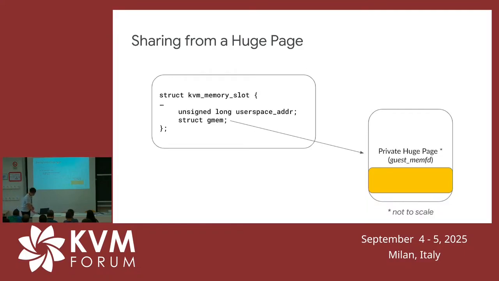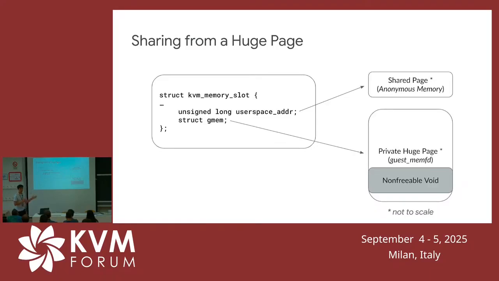Yeah, so at least at 6.16 right now, we are allocating the shared page from somewhere else and using that to back the shared memory. And we have this space in the private huge page that is unused, but we can't really do anything with it, like a non-freeable void. So as you can tell, this introduces significant overhead.